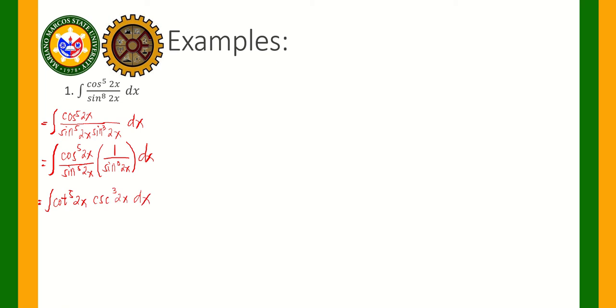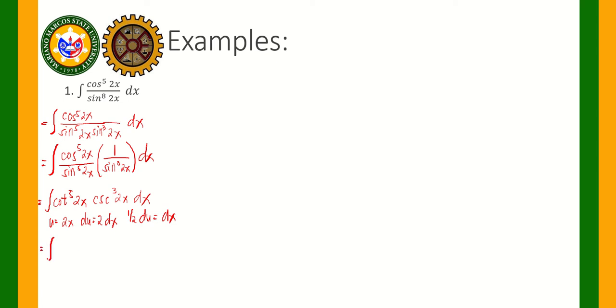So we now have the format of the power of cotangents and cosecants. So our m is 5 and our n is 3. But first, let's make a substitution. Let u be equal to 2x, our du be equal to 2dx, and 1/2 du will be equal to dx.